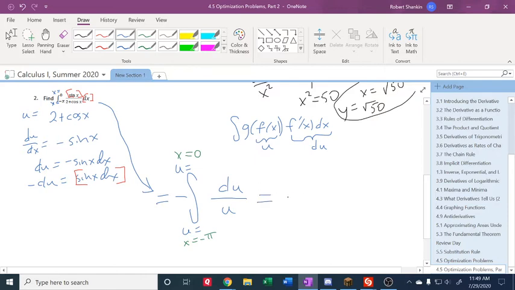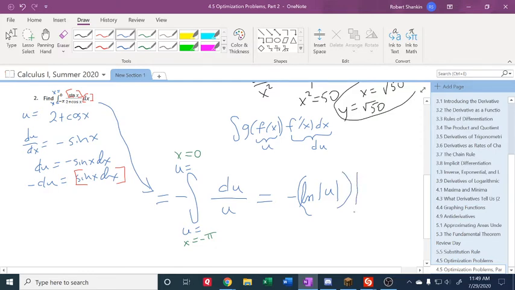I would get negative ln, because the integral of 1 over u du is ln of the absolute value of u. And then instead of plus a constant, we have these things evaluated.